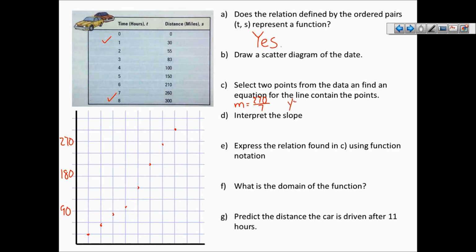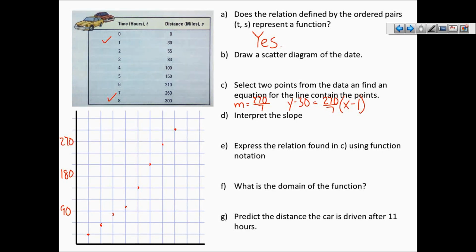Now, interpreting the slope. Well, it's got a positive slope.